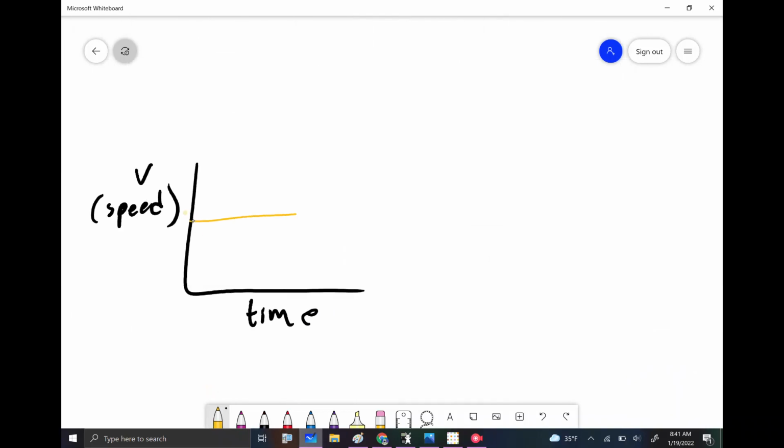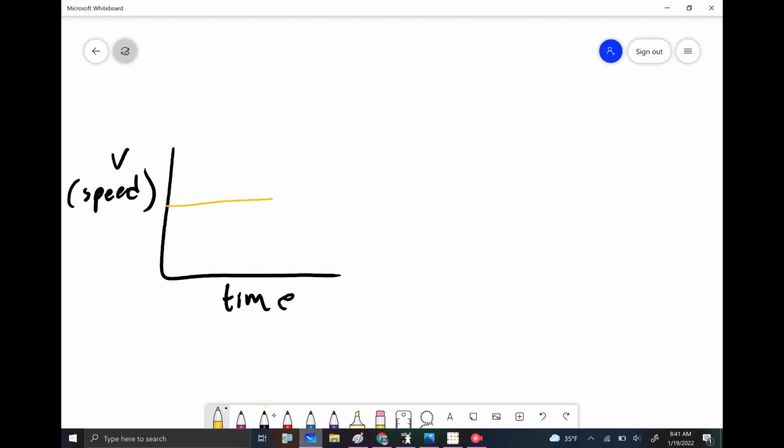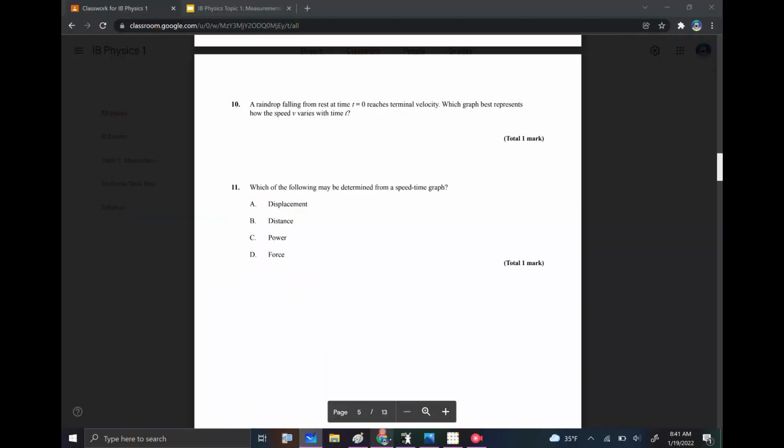Let's say we have like a constant speed, something like that. Well, we know that speed is equal to distance over time. Right? So V times T is therefore equal to distance. The area underneath the graph is going to be my distance, so I can very easily find the distance from a VT graph, speed time graph.